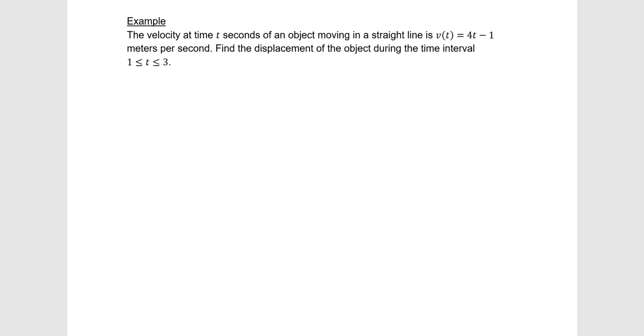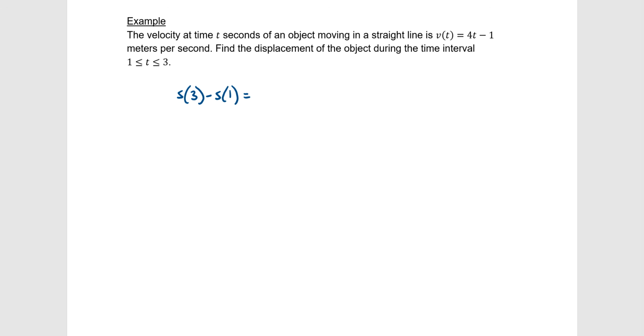So for example, the velocity at time t seconds of an object moving in a straight line is v of t equals 4t minus 1 meters per second. We want to find the displacement of the object during the time interval 1 to 3. What this means is we want s of 3 minus s of 1.